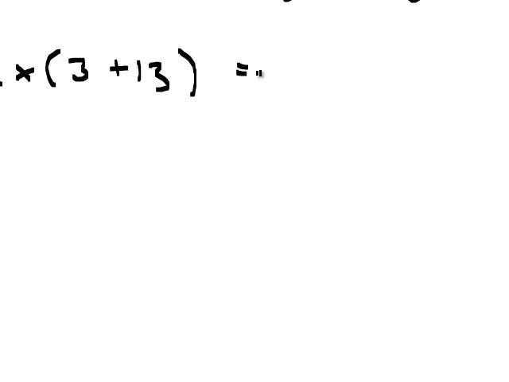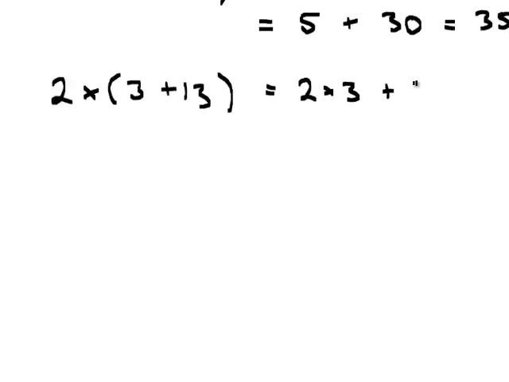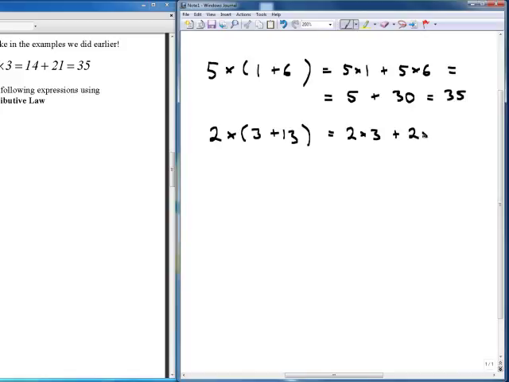So 2 times the first number 3 plus 2 times the second number 13. 2 times 13 equals 2 times 3 is 6 plus 2 times 13 is 26.